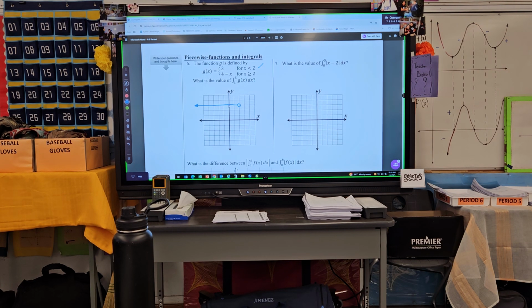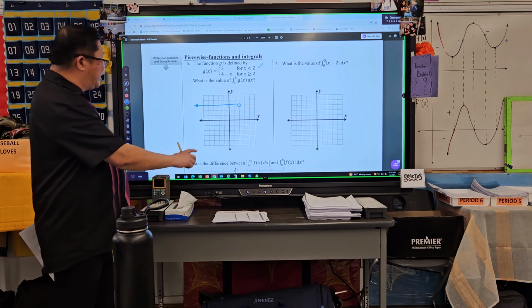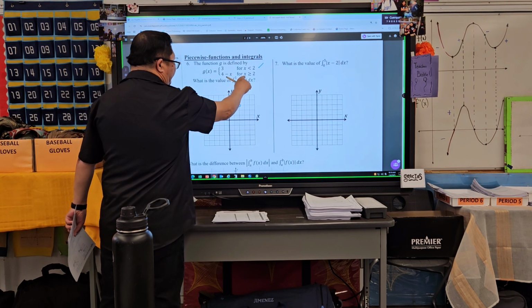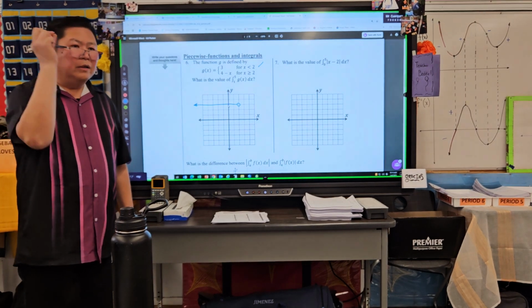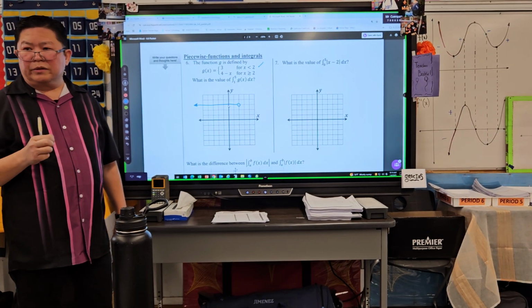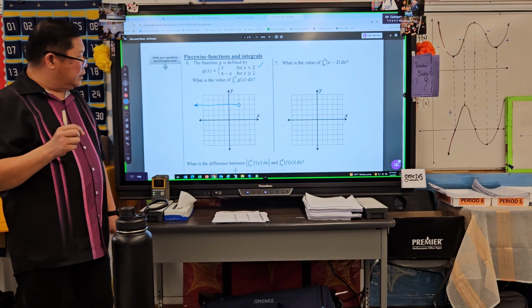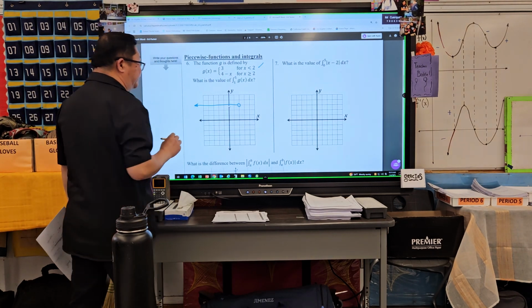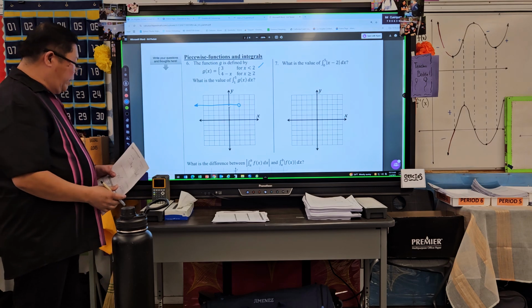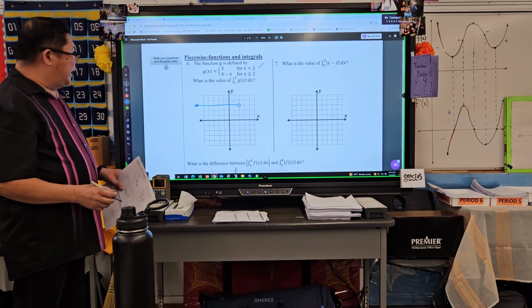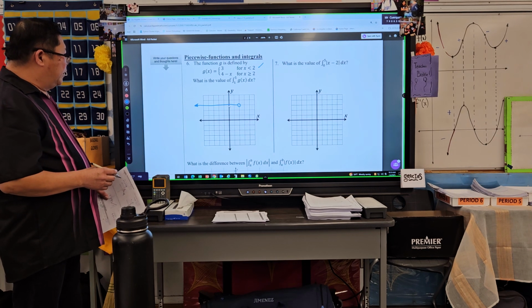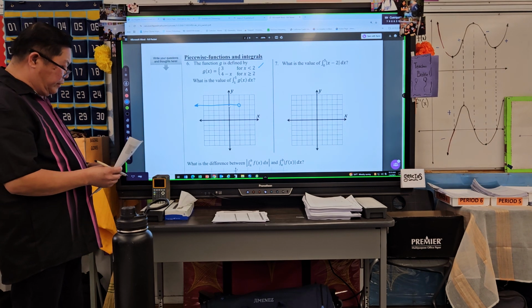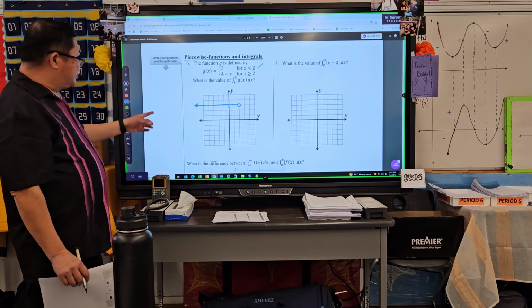Next, to graph the function 4 minus x, the restriction is x should be greater than or equal to 2. That means, open or closed? It's closed, because of the greater than or equal to. So at x greater than or equal to 2, we have to take the function.